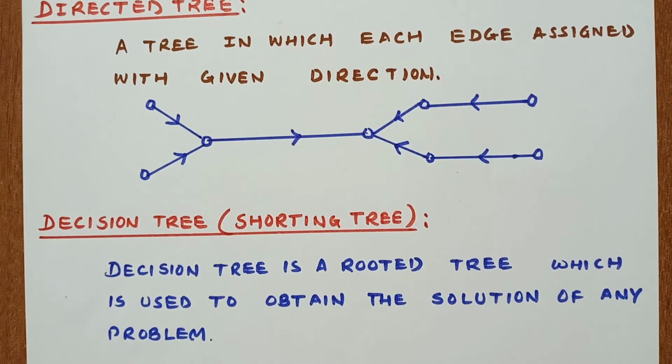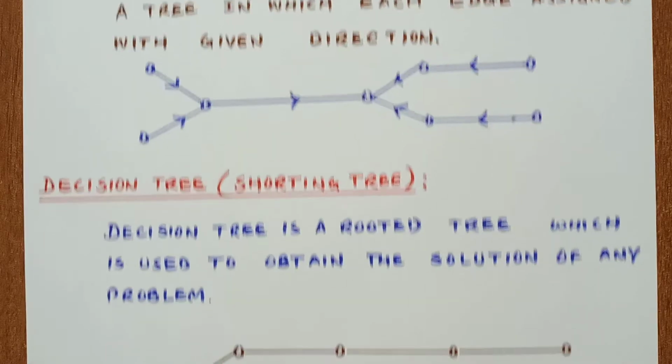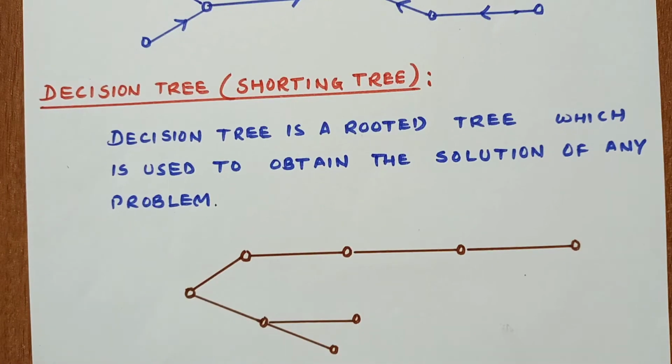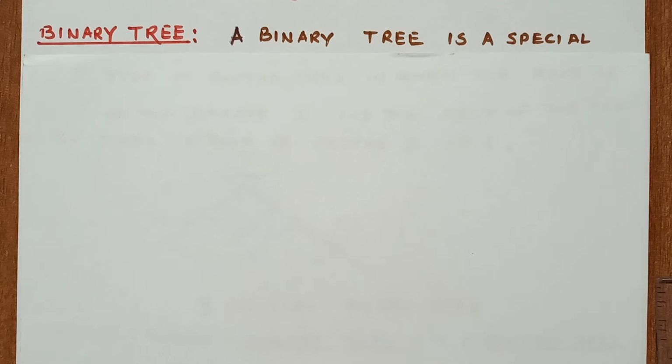A sorting tree or decision tree is a rooted tree which is used to obtain the solution of any problem. For example, this is a rooted sorting tree.